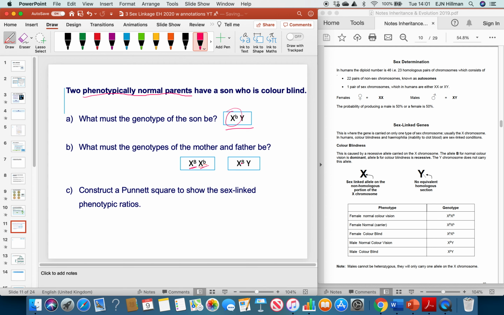A phenotypically normal father would have to have the dominant allele on his X chromosome, and he passes on the Y to his son. So the son has received the recessive allele on the X chromosome from the mother, and the Y from the father.